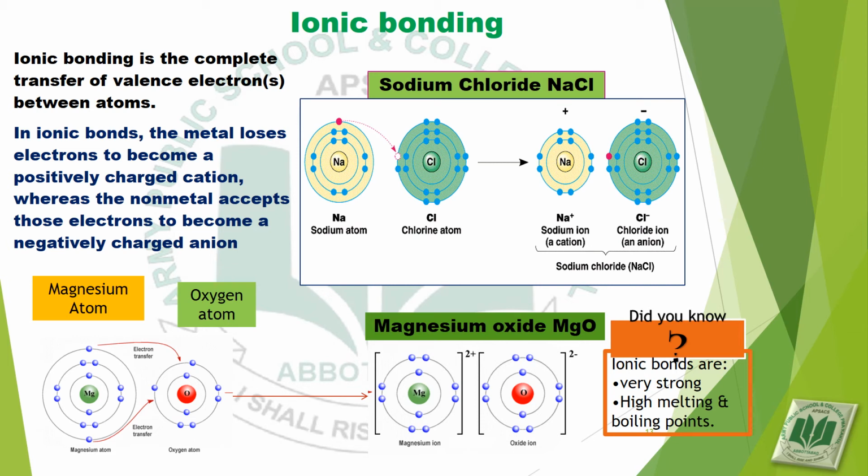Similarly, when magnesium and oxygen combine together, they also produce an ionic bond. In this case, the magnesium atom loses 2 electrons and a positive magnesium ion forms, while the oxygen atom gains 2 electrons and becomes a negative oxide ion.